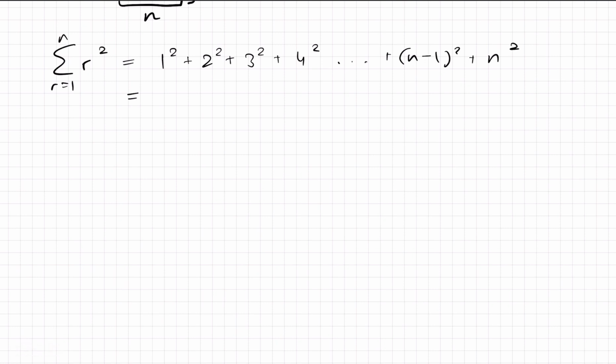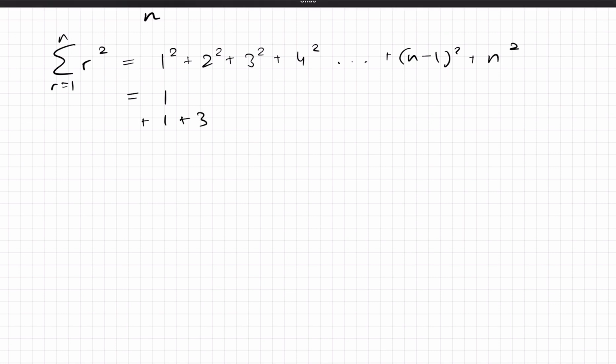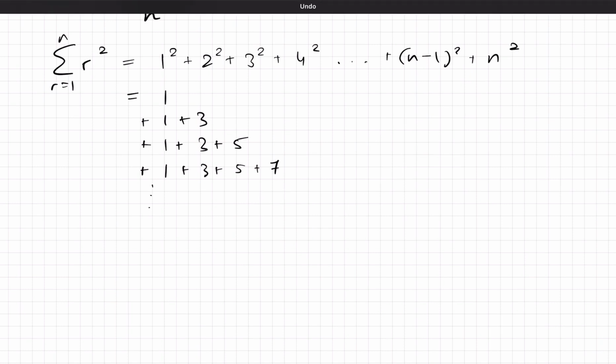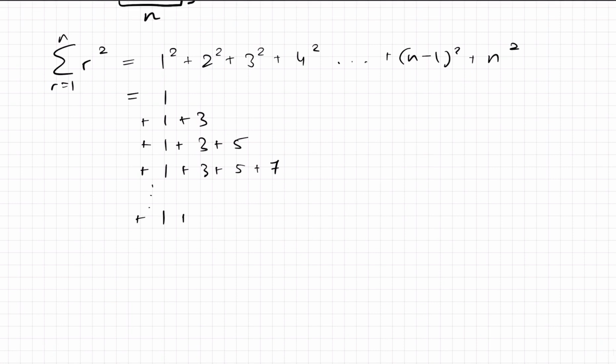So we can rewrite this as 1, plus 1 plus 3 for the 2, plus 1 plus 3 plus 5 for the 3, plus 1 plus 3 plus 5 plus 7 for the 4. And this continues all the way up to these terms, which I'll just try and write out as quickly as possible.